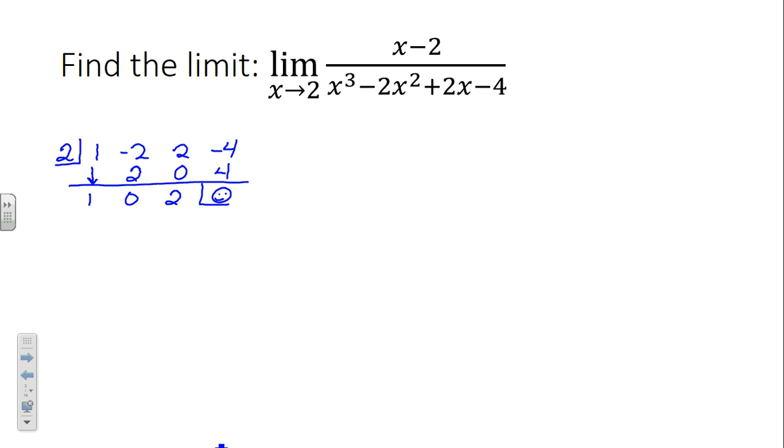So what are we going to do? We could group. Okay, so if we're going to group, that's going to mean the limit as x goes to 2 of x minus 2 over, what did these two guys have in common? What's left? What do these two have in common?